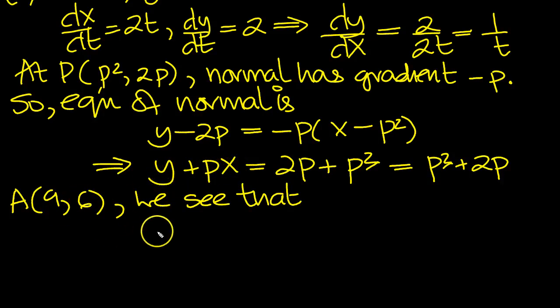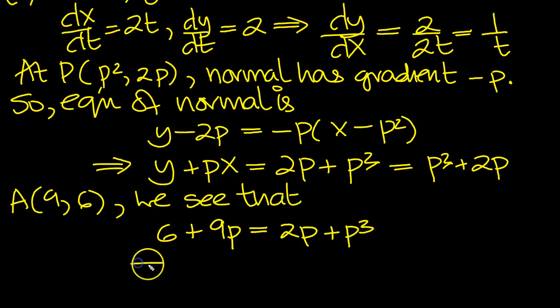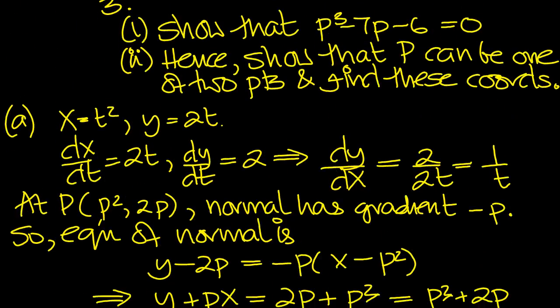So the y value, 6, plus p times the x value, which is 9, so we can write that as 9p, is equal to 2p plus p cubed. So that tells us that p cubed, move this 9p over to minus 9p, 2 minus 9 is minus 7p, and move the 6 over, minus 6 equals 0. So there we go, that's our cubic in p.